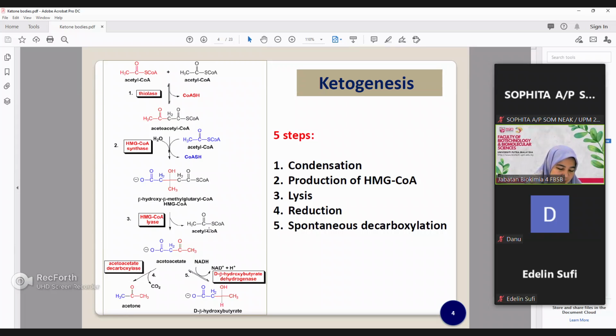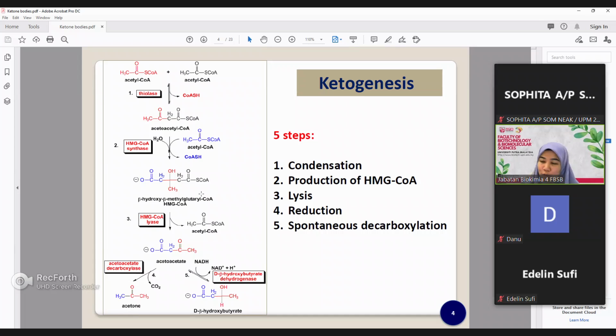One thing that we know is that HMG-CoA is a key intermediate for cholesterol biosynthesis, and it is also one of the intermediates in ketogenesis.